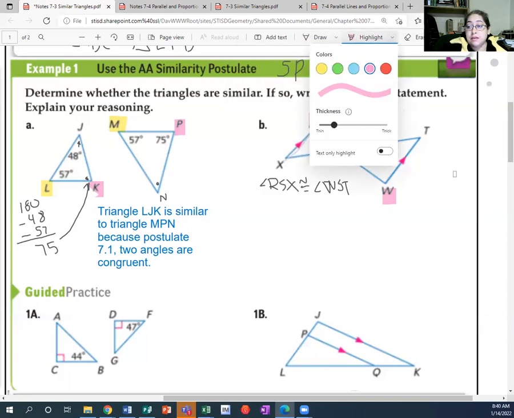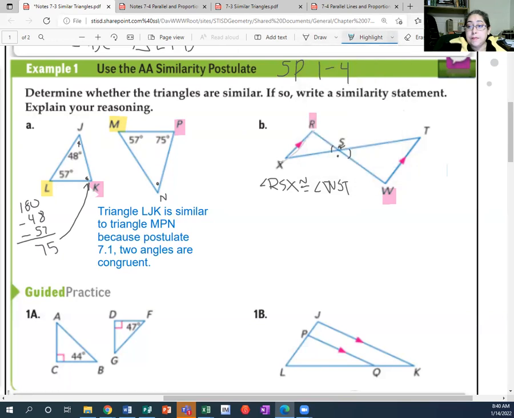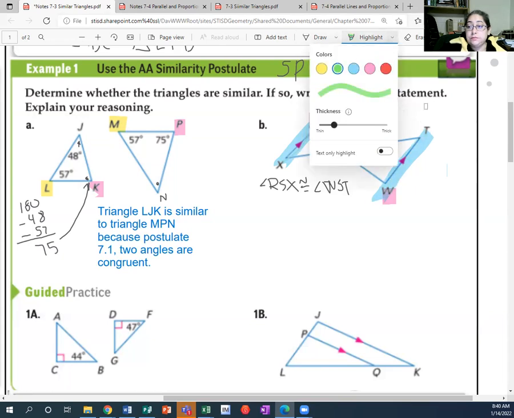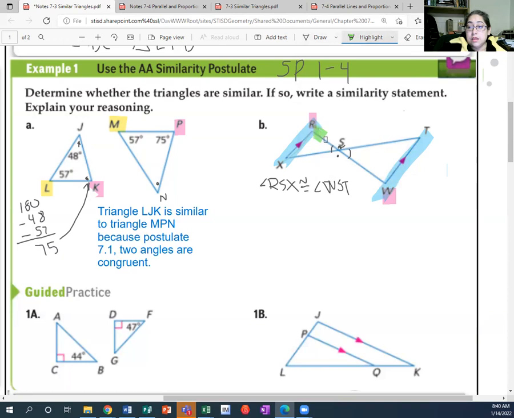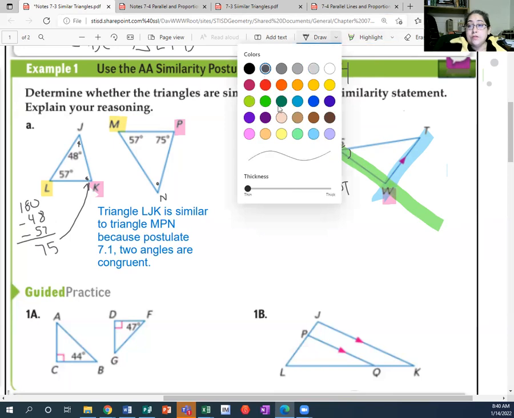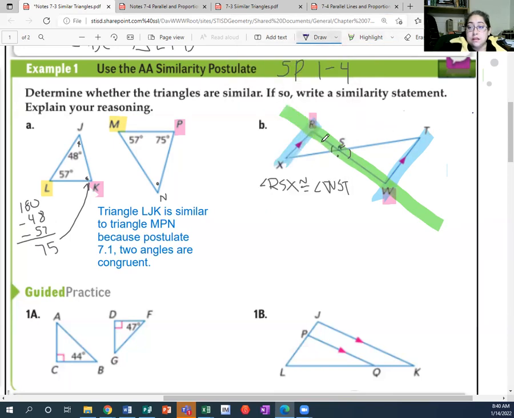Let me make my highlight line a little thinner here. So this line and this line are the parallel ones. And my transversal, we'll look at RW as the transversal. So if I ignore everything else and I look at just the blue and green lines, I notice that right here and right here, I have alternate interior angles.